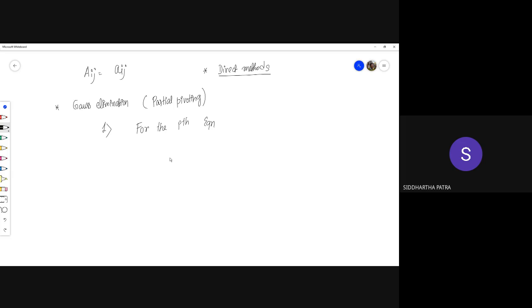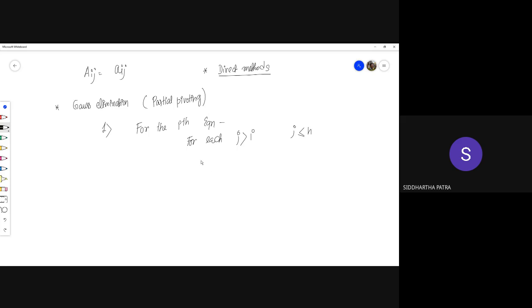Okay, we would define this coefficient for each j greater than i, and of course j less than or equal to n.